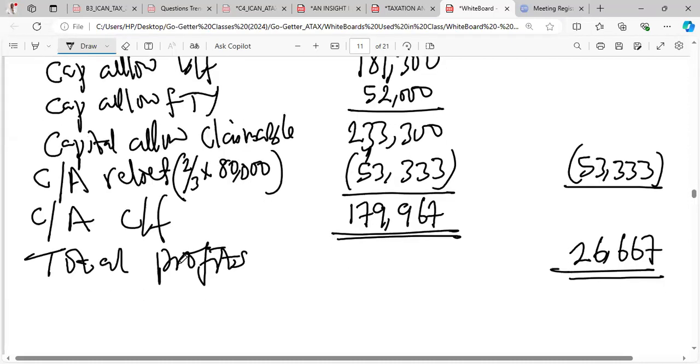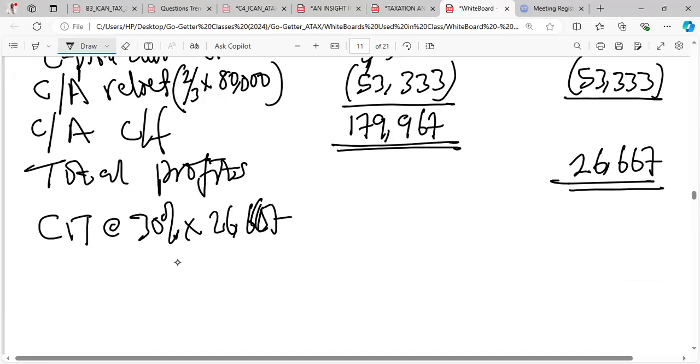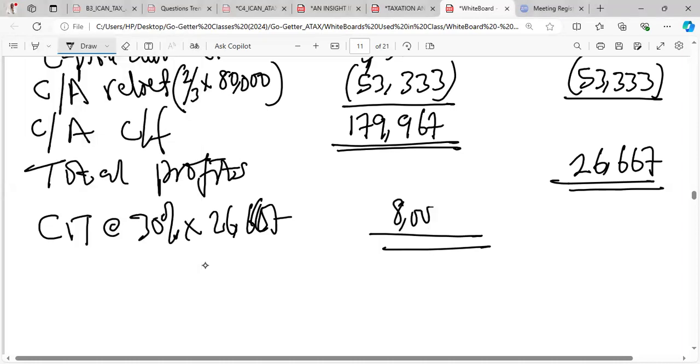Although we are not asked to find the tax liability, at this point, if you want to find your tax liability, you can say your CIT at 30% of 26,667. That will give me 8,000.